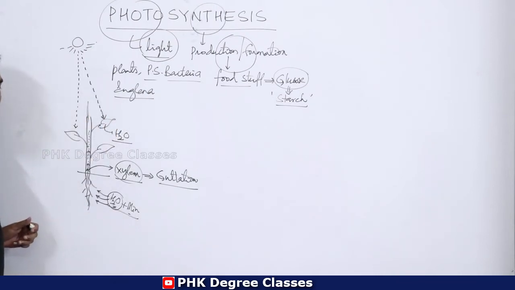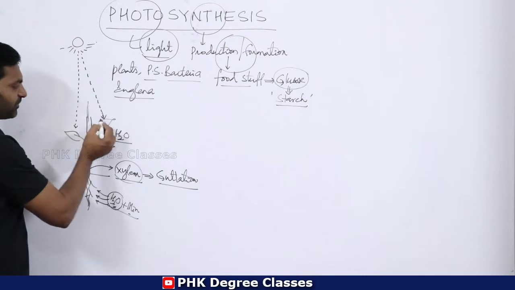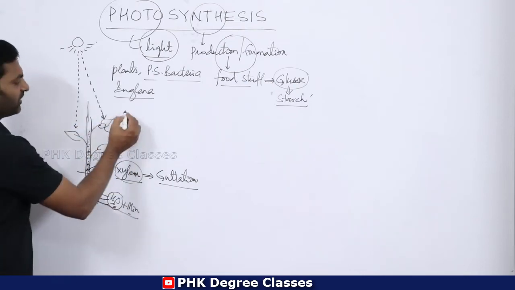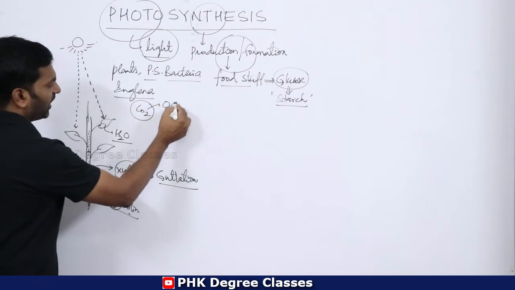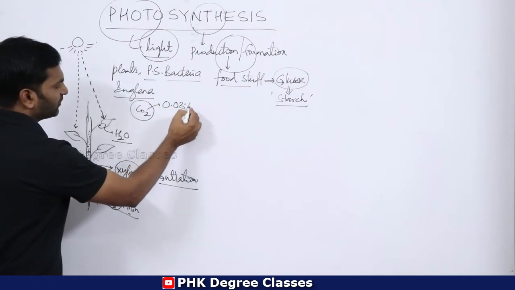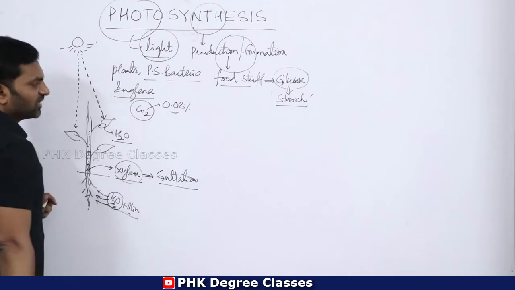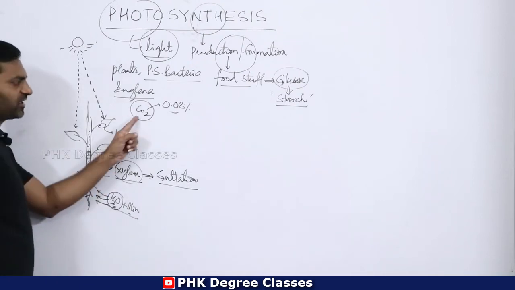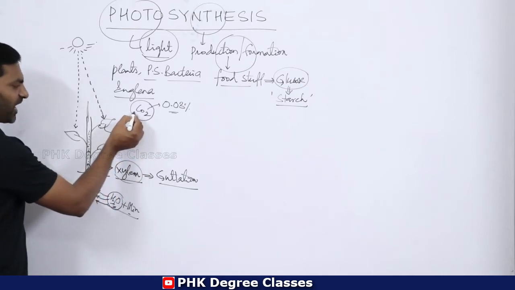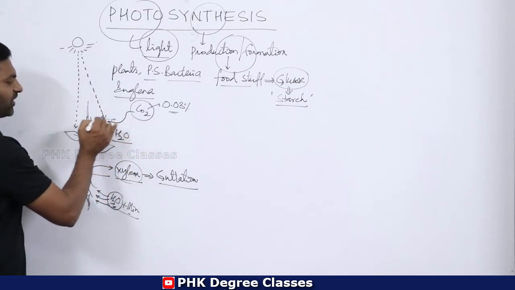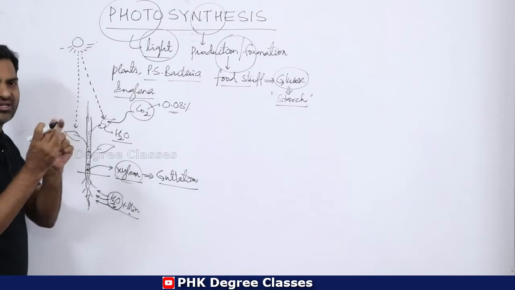Whenever the sunlight penetrates the leaf, there is carbon dioxide in the atmosphere. 0.03% of carbon dioxide is present in the atmosphere. This carbon dioxide enters the leaf through pores called stomata.